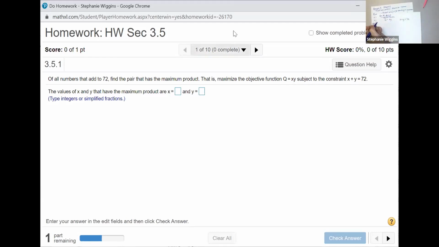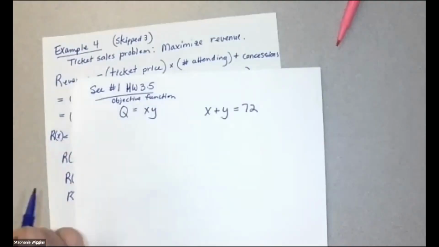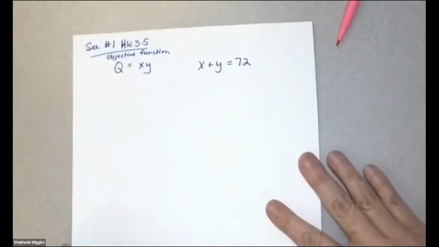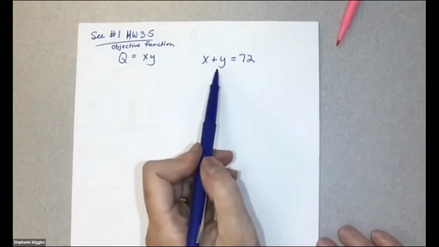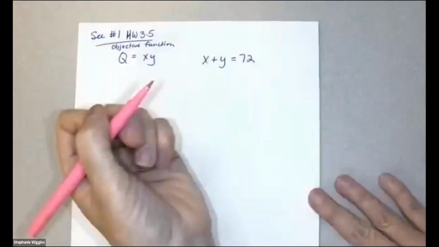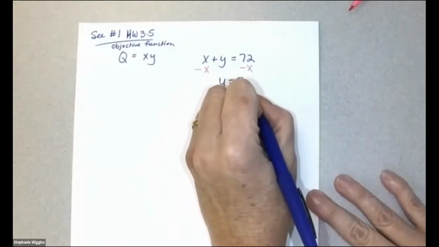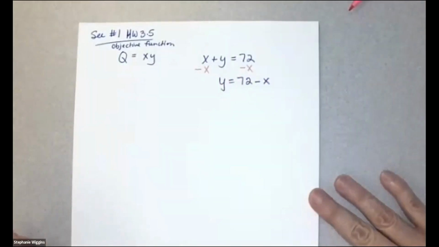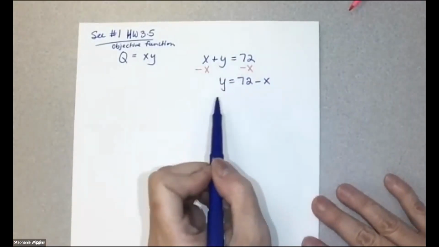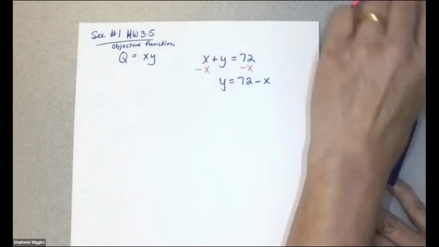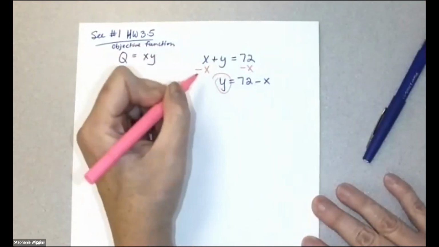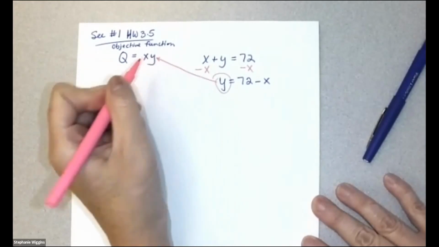So what you do is solve for y in this equation by subtracting x from both sides, and you get that y equals 72 minus x. Then you take this function for y and substitute it for this y here.